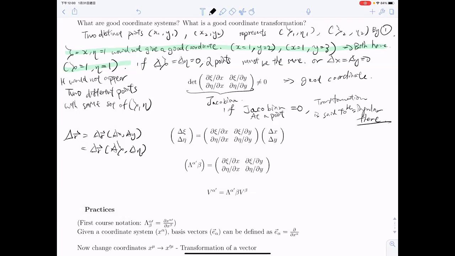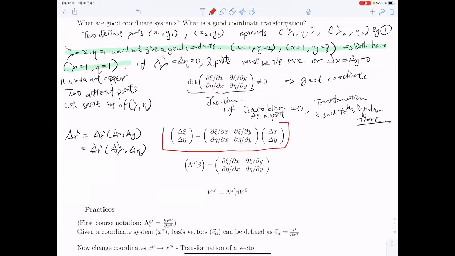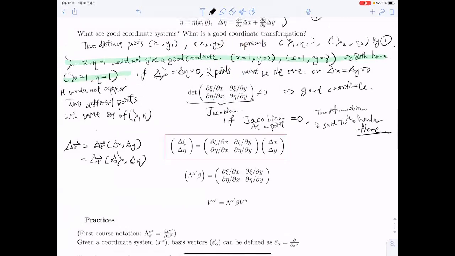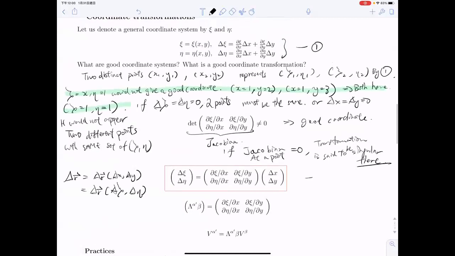This is very clear. A small delta x and delta y. How does the coordinate transformation change the components of delta x and delta y as a function of xi and eta? You can see it is represented by a matrix, and this matrix is completely the same as the first set of equations.